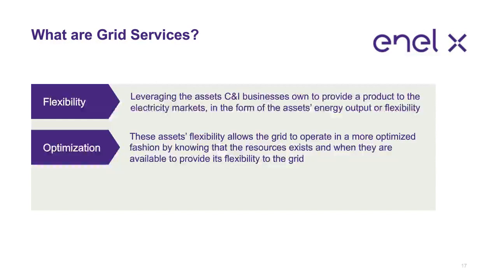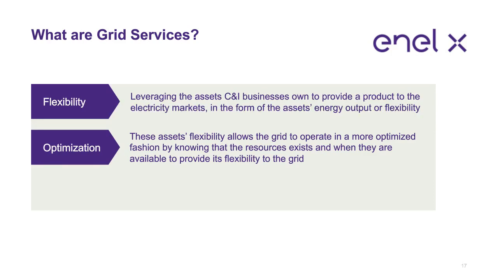The second is optimization. So it's important to understand the cost of that flexibility. So how much does it cost you to charge and discharge that battery? How much does it cost you to turn off that curtailable operational asset you have? And so some resources have higher costs than others to be flexible.